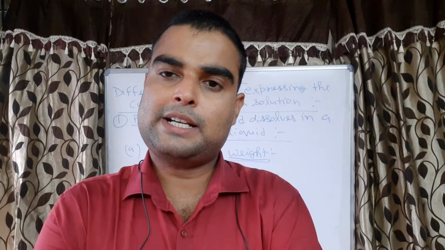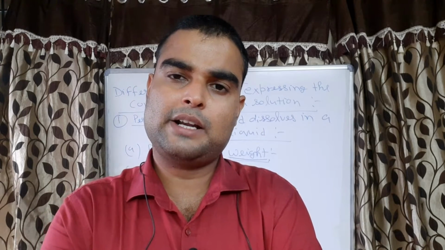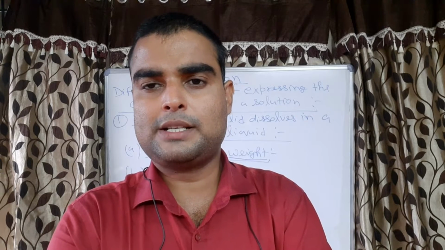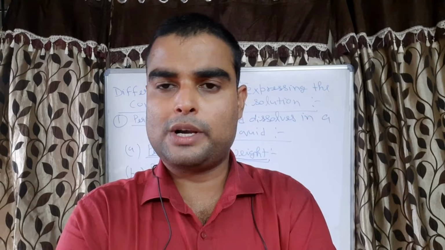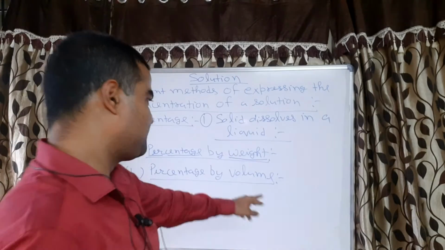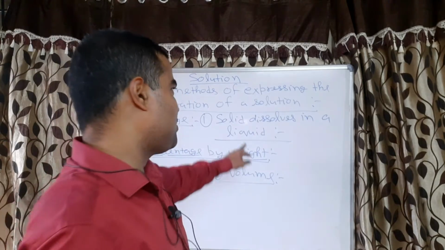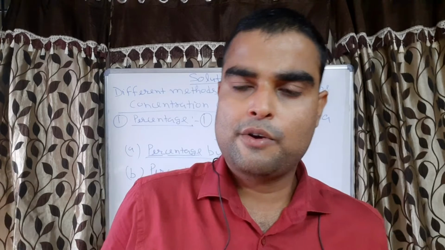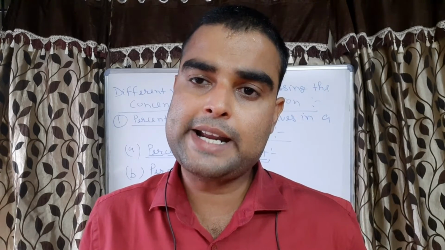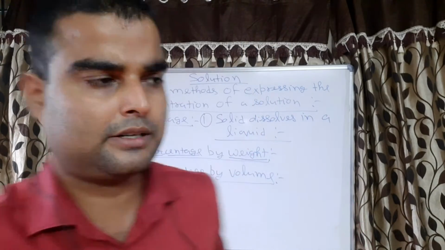So it is very difficult to take the solid in volume, means cubic centimeter. So the solute we are taking only in the gram, but the volume we can take in case of liquid, which is the solvent in that case. So that is weight of the solid in gram present in 100 ml or 100 centimeter cube of the solvent.